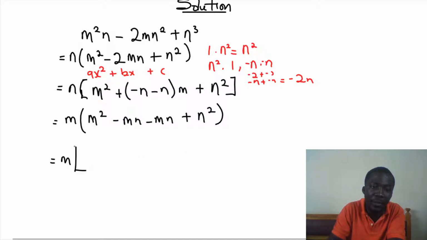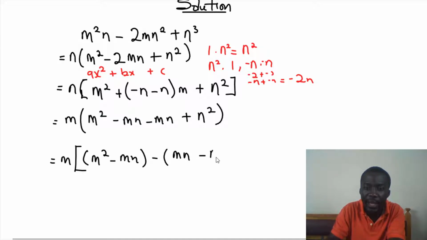So our first bracket will have m squared minus mn. Then in our next bracket, we will have mn minus n squared. Now let's check where we introduce minus and see whether we have done the right thing.